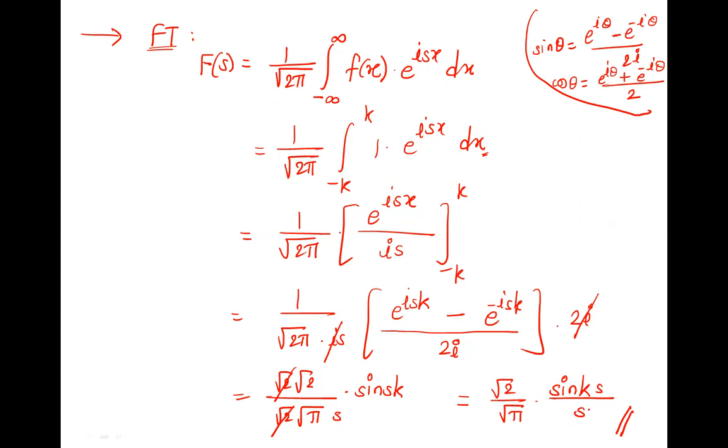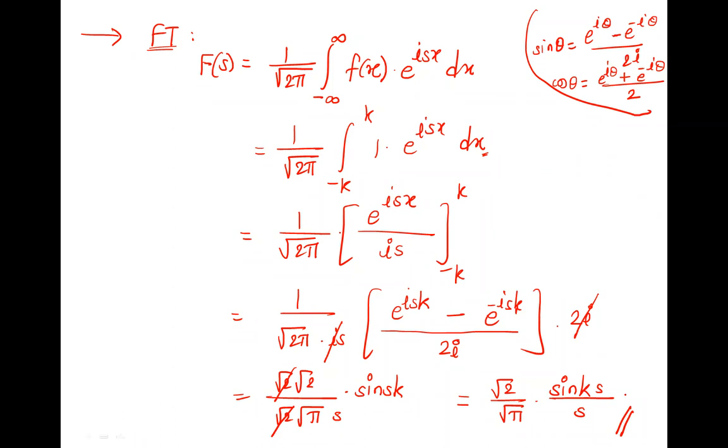If s is equal to 0, the denominator becomes 0 and anything upon 0 goes to infinity, or if you put 0 in both places, that is the 0 by 0 form, which is indeterminate, right?